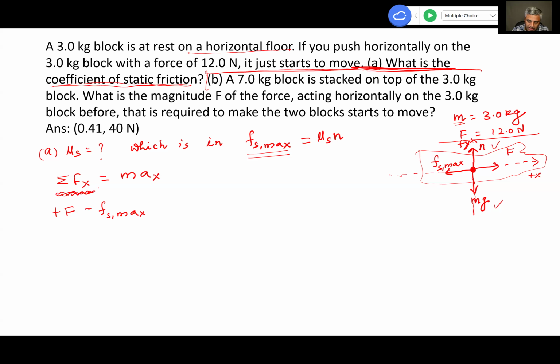This term here means the sum of forces in that direction, so we already added both, which means the left-hand side is done. For the right-hand side, mass times acceleration. It is just starting to move. Even if it was moving, it may be, let's say, like in this case, it says just starts to move, so it hasn't started moving, not accelerating or anything like that. So we can say acceleration is 0.